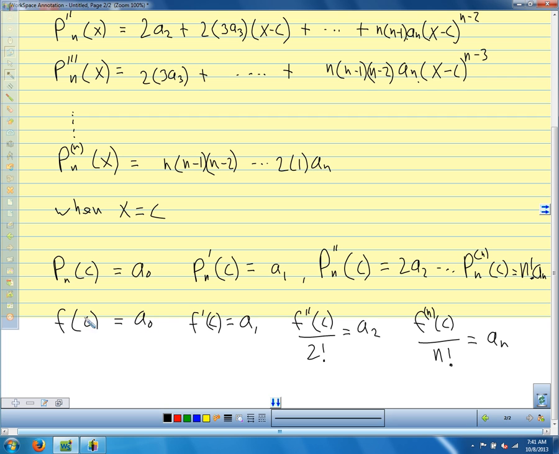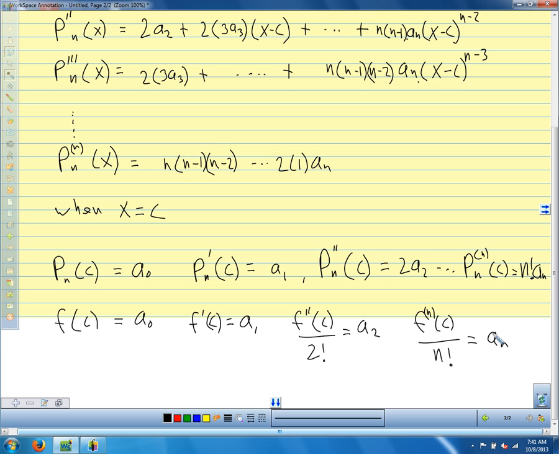A0 is just my function evaluated at c. A1 is f prime evaluated at c. A2 is f double prime evaluated at c divided by 2 factorial. And the nth derivative of f at c divided by n factorial has to equal a sub n. So that gives us a way to determine these constants.